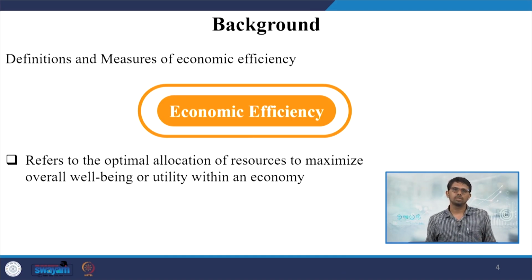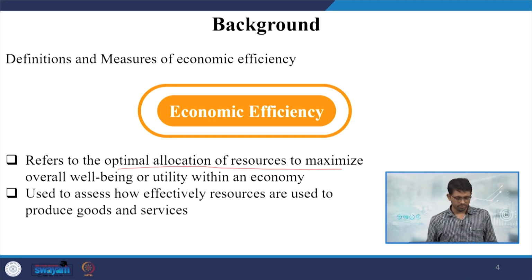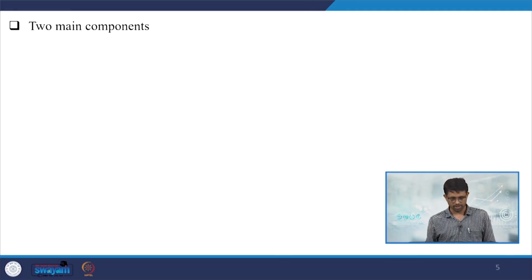While understanding economic efficiency, it refers to optimal allocation of resources to maximize overall well-being or utility within an economy. So, it is related to optimal allocation to maximize the well-being of people. This is used to assess how effectively resources are applied to produce goods and services.